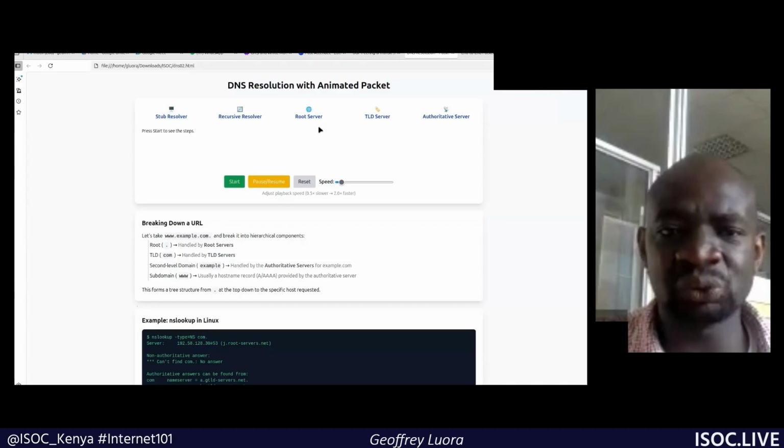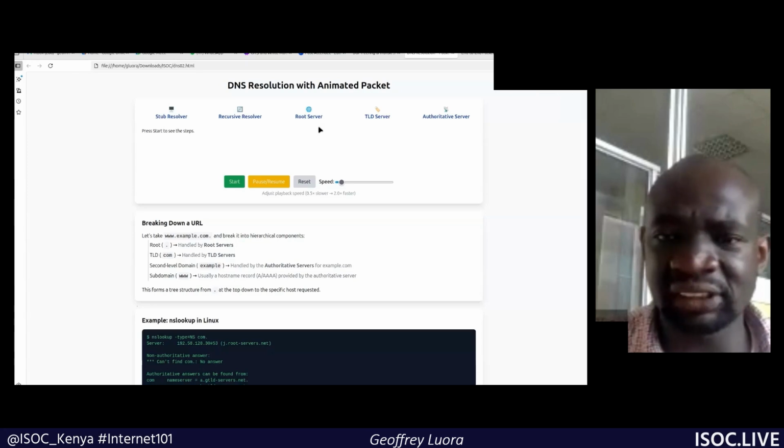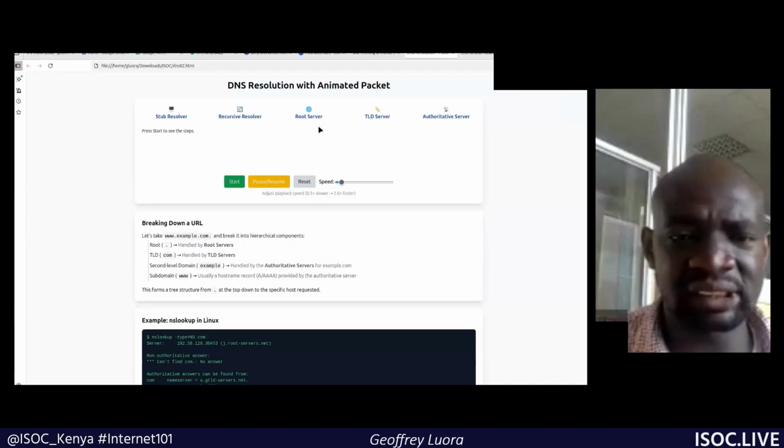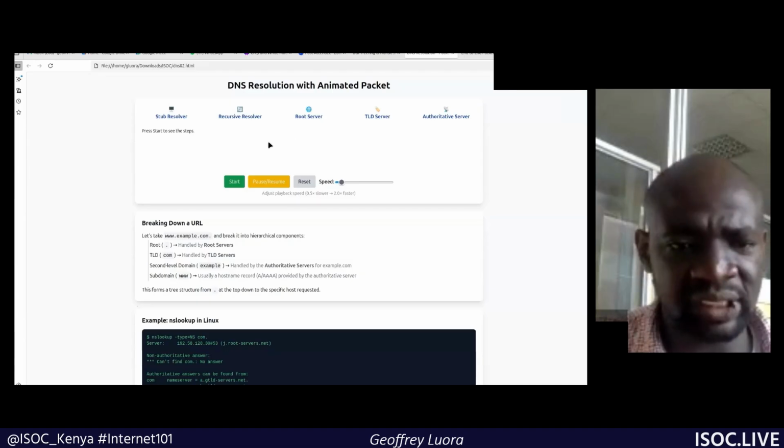Then it will send a request to the TLD to get a response about who is the authoritative name server for this domain. Then the request will be sent to the authoritative server for it to respond with the IP. So that is the flow. Let me do the simulation again in slow motion.